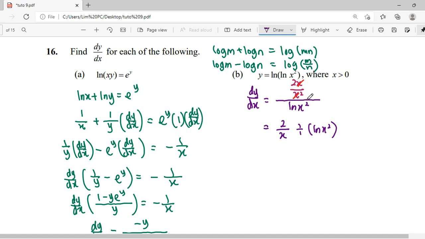I can rewrite it so that it won't be something over something, something over something, which is very confusing. So rewrite it clearly. This is our numerator part, divided by our denominator part, which is this. So simplify this. It will be multiplied by 1 over ln x squared, where the 2 can move to the front. This is our properties of logarithm.